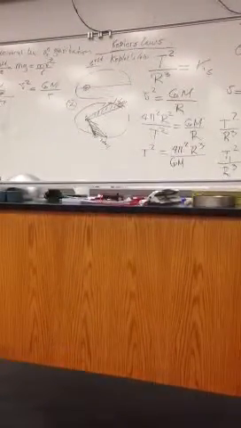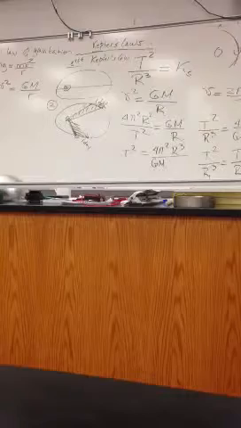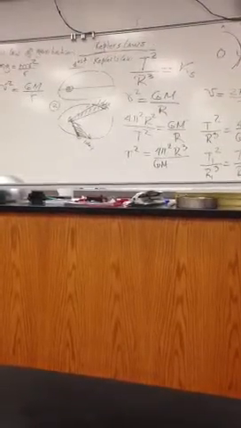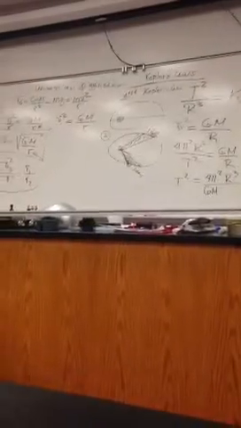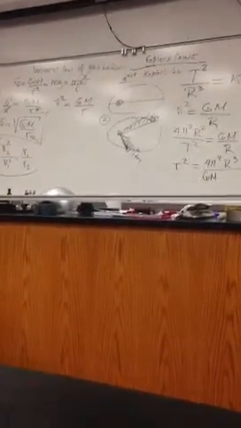So we have the period. We have the radius. We have the mass of the Earth, and we have the mass of the satellite. We have everything there. How can we find the gravitational force?